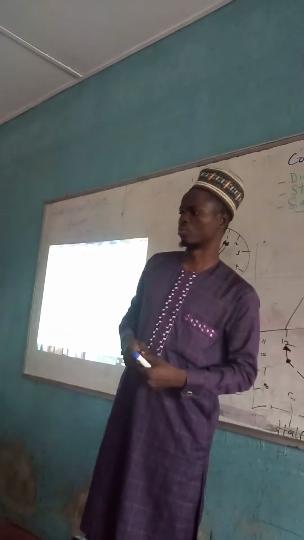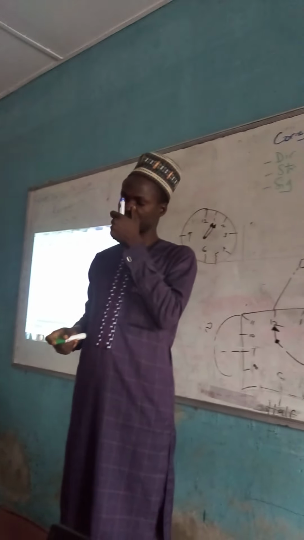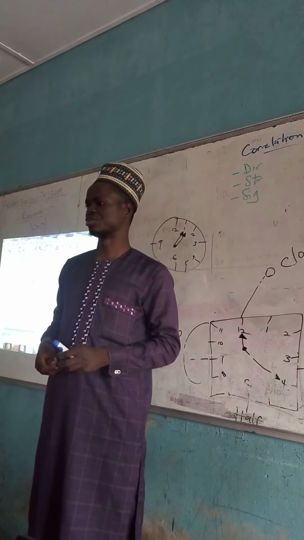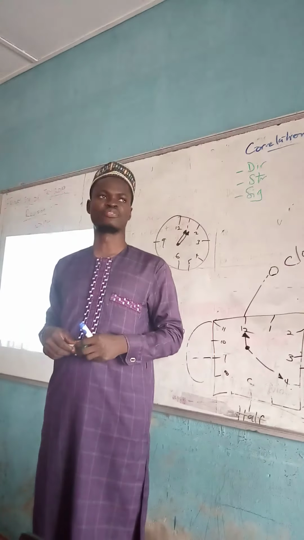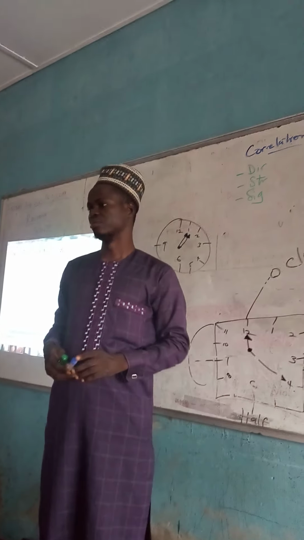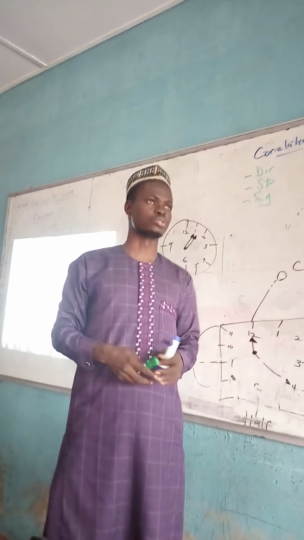So whenever you run a correlation analysis, you get a result, and from that result, just a single table, from that table you should be able to get these three results.